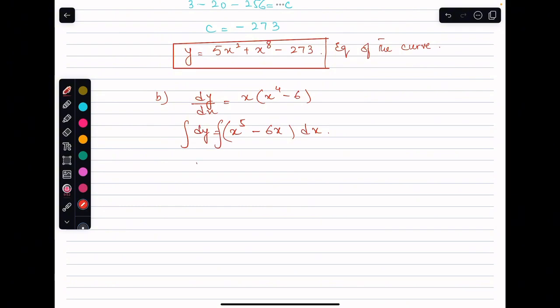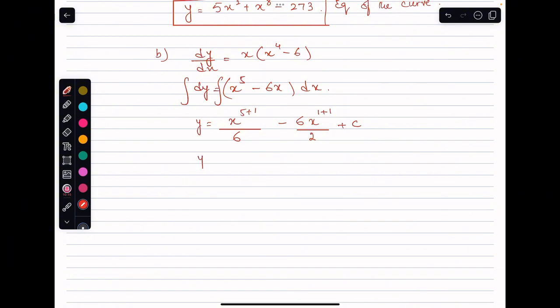Integral of dy is just y. For x to the power 5, adding 1 gives 6, so I divide by 6. For 6x, the power of x is 1; adding 1 makes it 2, so I divide by 2, and then add the constant. Simplifying further, it's 1 by 6 x to the power 6 minus 3x squared plus c, and this is the equation of the curve.